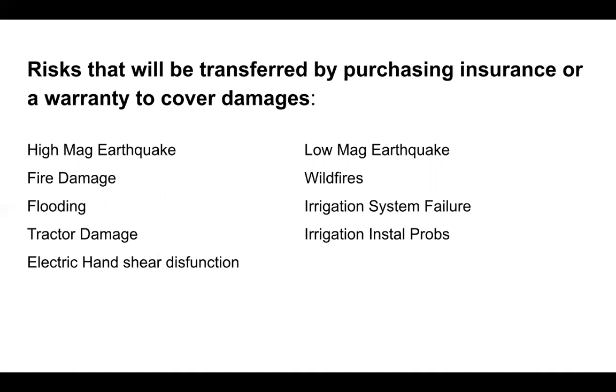So yeah, we'll be buying insurance for all these, and we don't have to worry as much about those risks. It won't impact our cost as much because we will know how much we're paying to manage those risks.